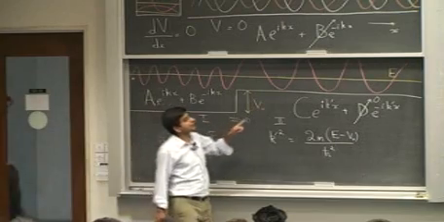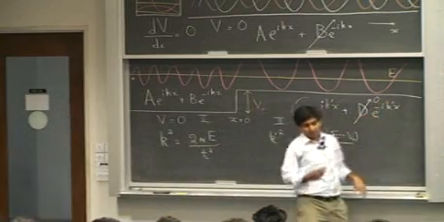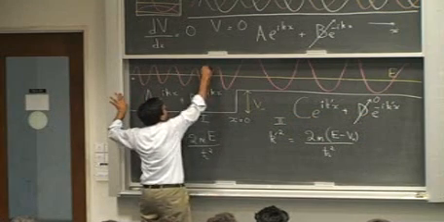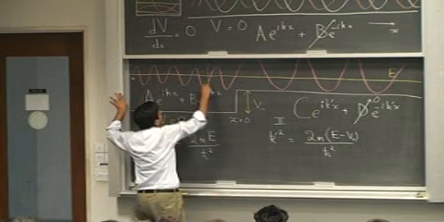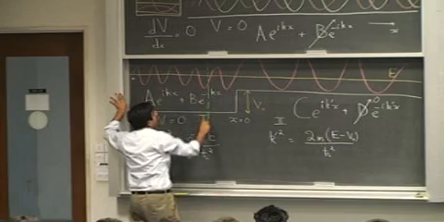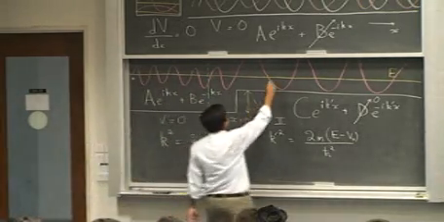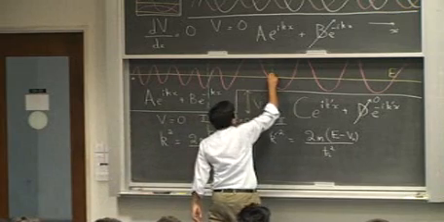Now if I would like to define a transmission probability, I would like to make a plane in this region, and I would like to make a plane in this region.